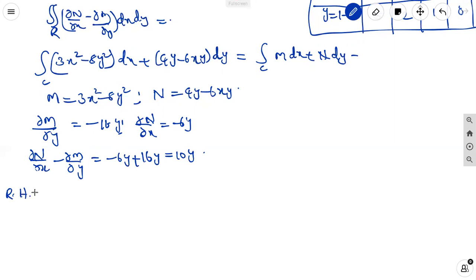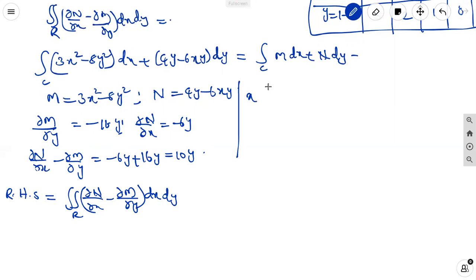Here RHS is equal to the double integral over R of dou N by dou x minus dou M by dou y into dx dy. In this we want the limits. On the x-axis, the x values vary from 0 to 1, and the y limits, converted into x, are 0 to 1 minus x.